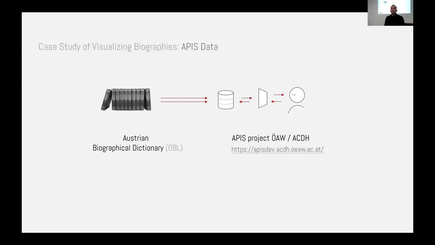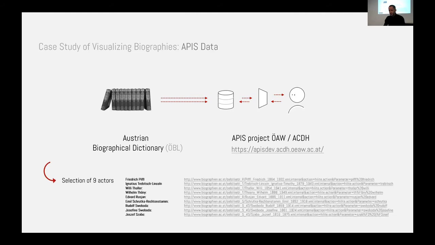We did a joint project and case studies with our colleagues here from ACDH and the ATMOS project, where we just said, okay, let's try to extract some data points from biographies and make them visible with this SpaceTime cube. So you would be able to also follow our 9 selected biographies.